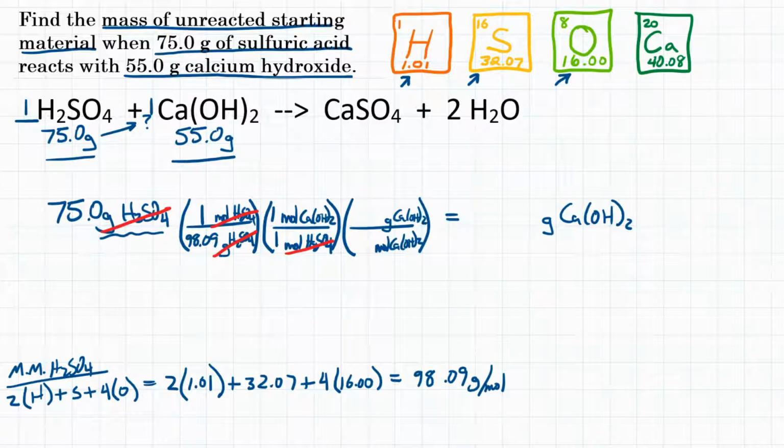The molar mass of calcium hydroxide will be the molar mass of calcium, Ca, plus 2 times the molar mass of oxygen and 2 times the molar mass of hydrogen.